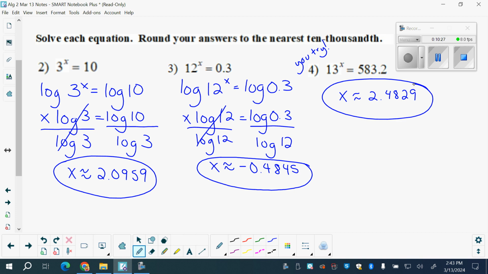And that's what you should get for your answer. Questions on that? That one's rounded.